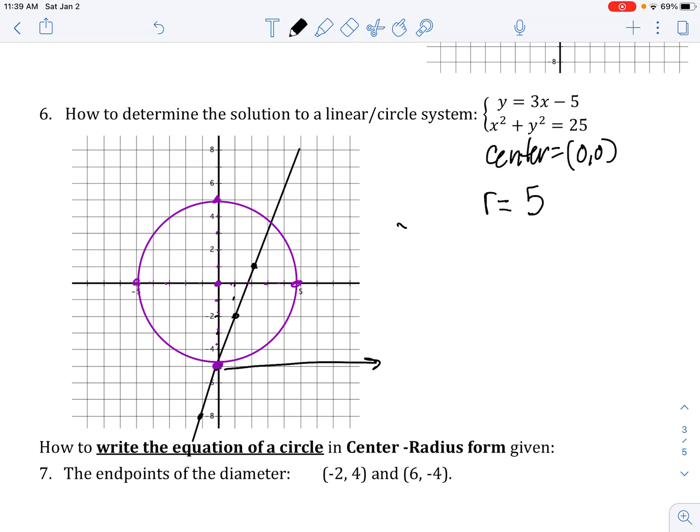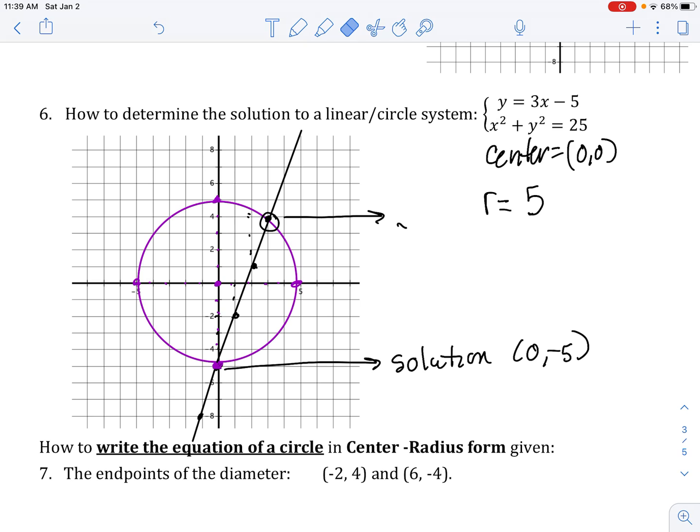One of our solutions is at (0, -5). But we also know that there's another solution somewhere over there. Now, maybe my line 1, 2, 3 is not so perfect, because if I go back to my line and count from here 1, 2, 3 over 1, now I have the ability to determine that solution: 1, 2, 3, 1, 2, 3, 4.